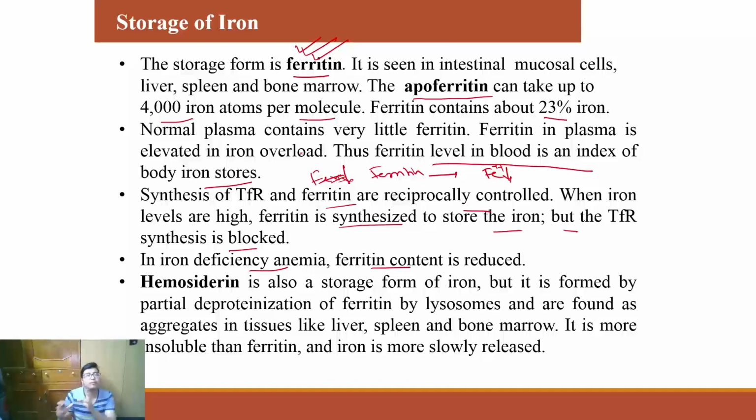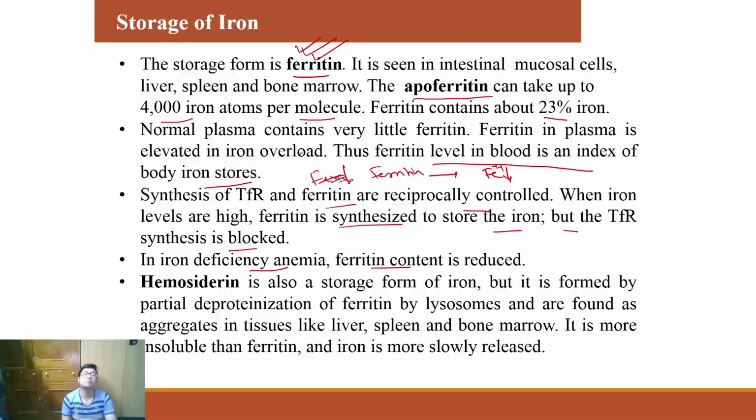So apoferritin, ferritin, they all contain a bit of protein. Hemosiderin is also protein. Anything that ends with IN is a protein, for a large general consideration. But the amount of protein compared to ferritin is actually low in hemosiderin. This is actually done by lysosome.